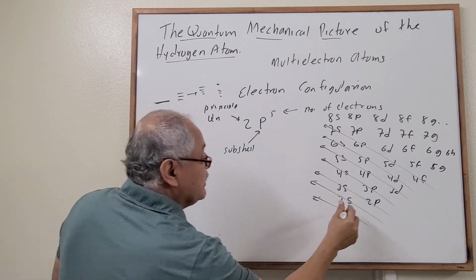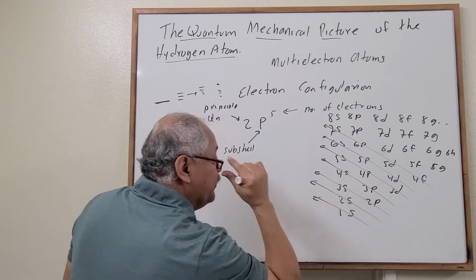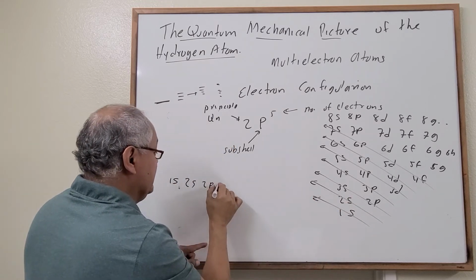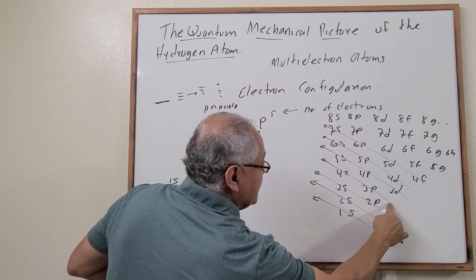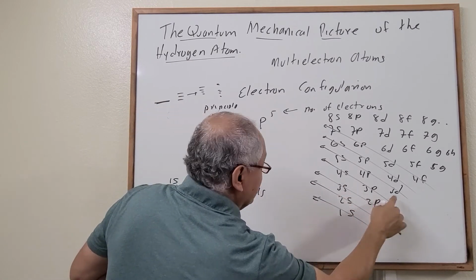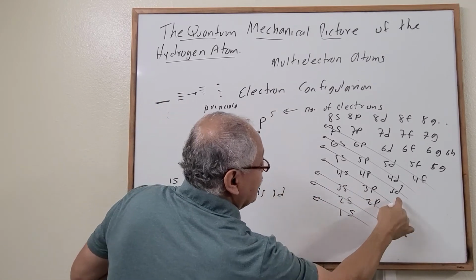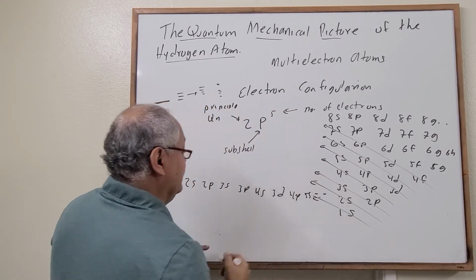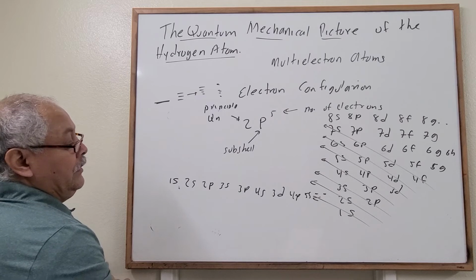Right, the next orbital 2p. The next one 3s. Then we start again with the next one, 3p, 4s, right? And the next one, 3d. Correct, what else? 4p. What else? 5s, right? And so on. Got it? In that way.